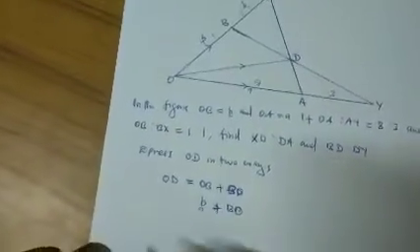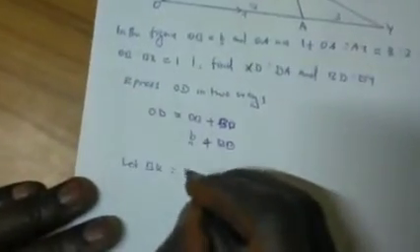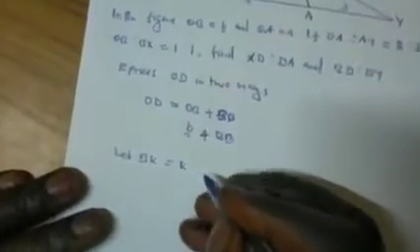Let BD be some constant k times the vector BY.